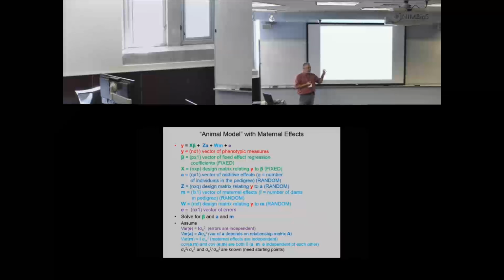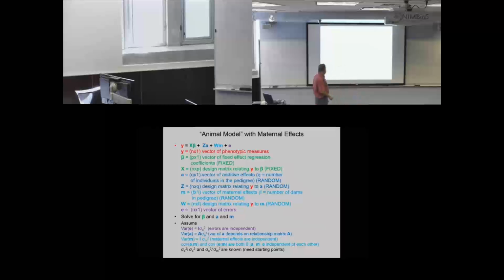Now, I don't want to go into detail on this. I just want to put a bug in your ear. We're saying these are maternal environmental effects. There's also something called maternal genetic effects, where the genotype of the mother is influencing the phenotype of the offspring. So some amount of the variation among offspring is not caused by their genes, but by the genes of the mother.